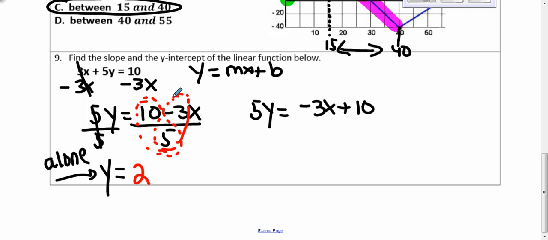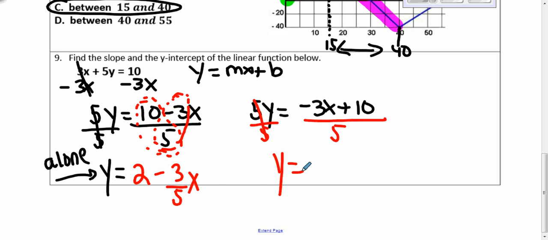This is negative 3 over 5, and you put the x right next to it. If you were doing it this way, you would divide by 5, and the only thing right here, this negative 3 over 5 would come down, x, and then this is plus 2. And it would be the same answer.